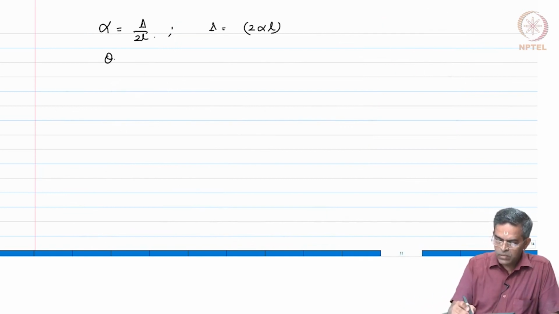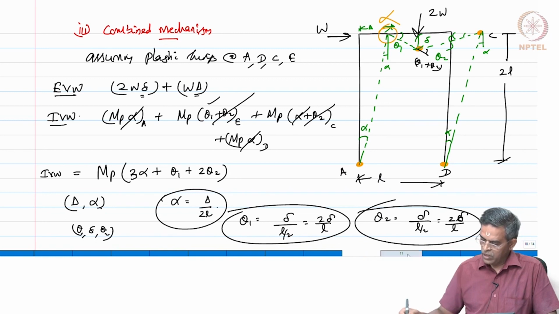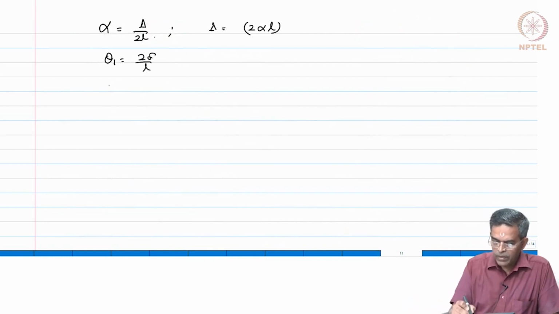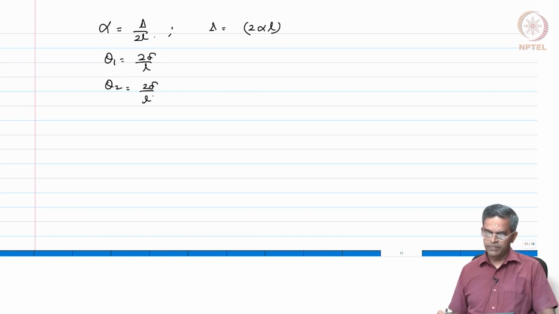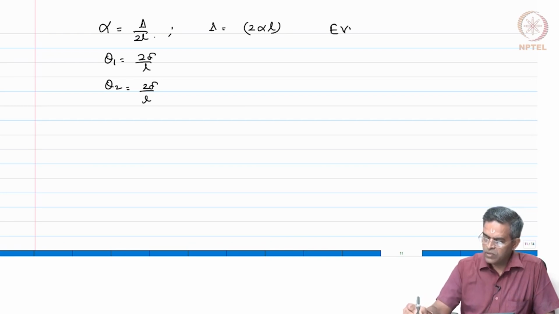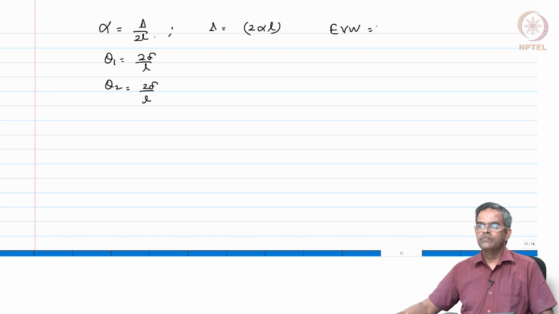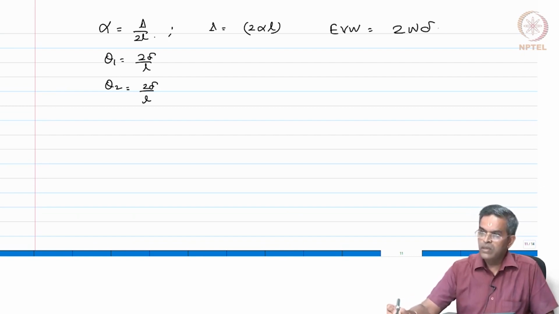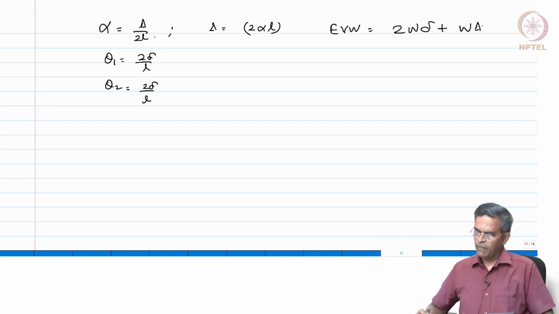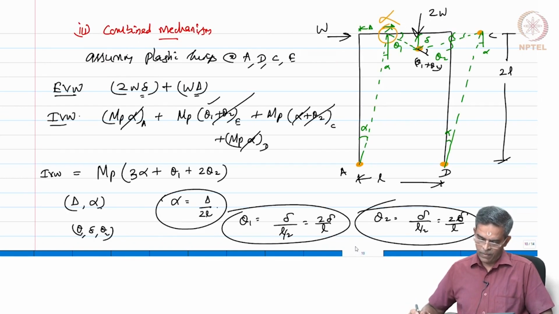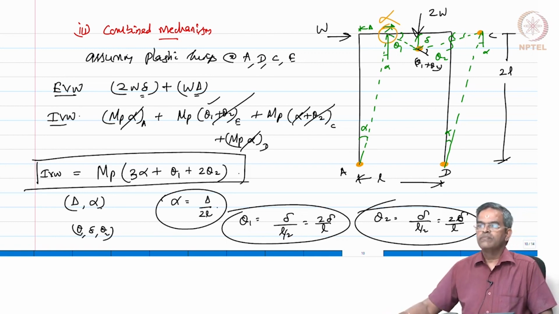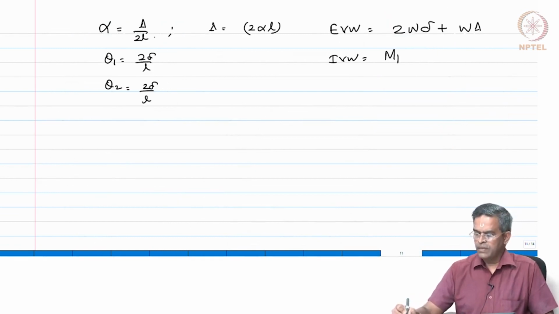And we have theta 1 as 2 del by L and theta 2 also as 2 del by L. So, let us write down the external virtual work, which is equal to 2 W del plus W delta, and the internal virtual work, which was this one, MP times of 3 alpha plus theta 1 plus 2 theta 2.